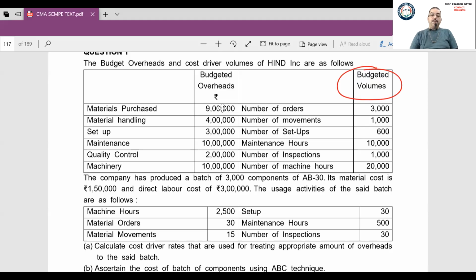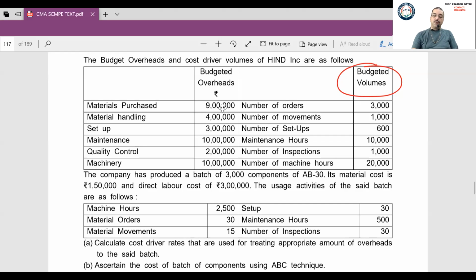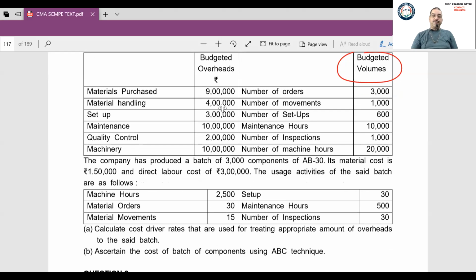Now, the company has produced a batch of 3,000 components of AB30. Its material cost is 1,50,000 and direct labor cost is 3 lakhs. The usage activities of the said batch are as follows. Machine hours, material orders, material movement, setup, maintenance hours, and number of inspections are given. You are asked to calculate cost driver rates that are used for treating the appropriate amount of overheads to the said batch.